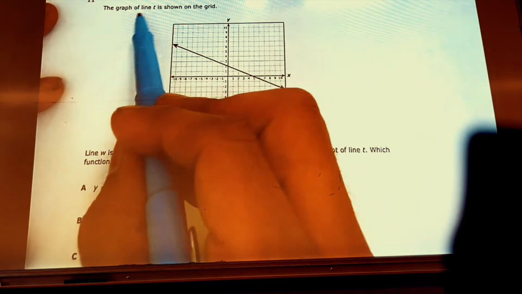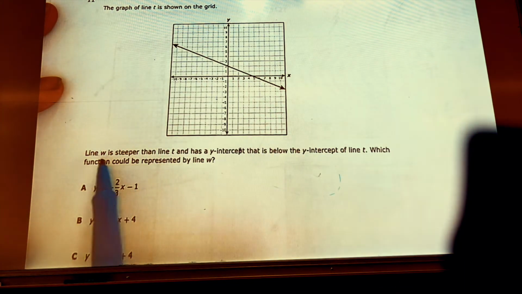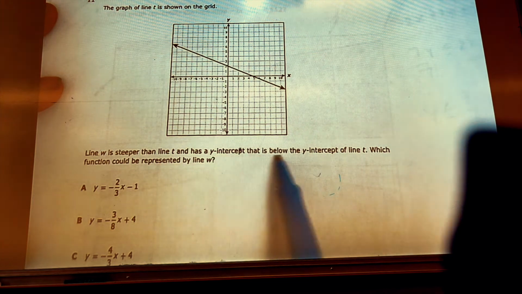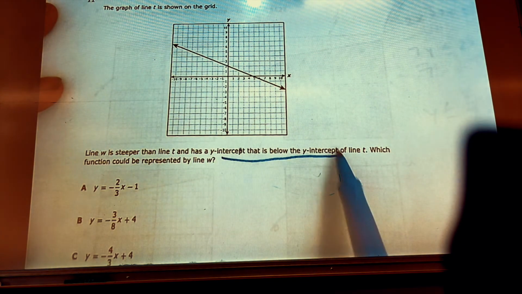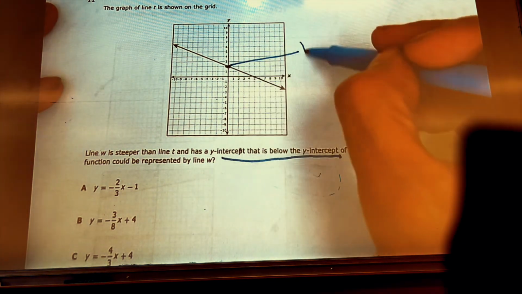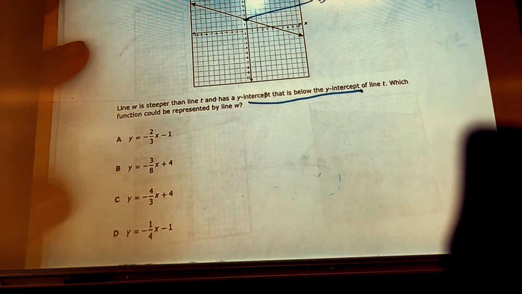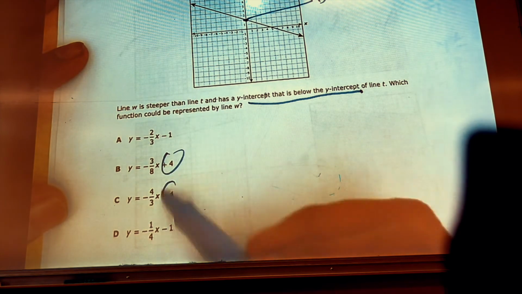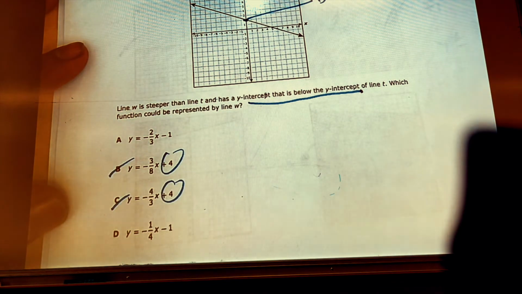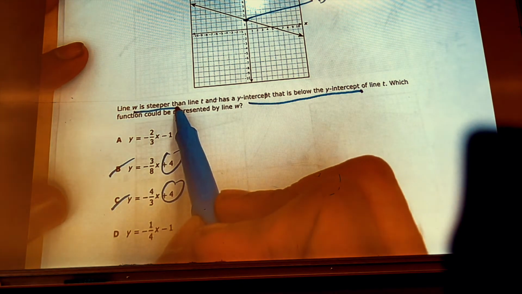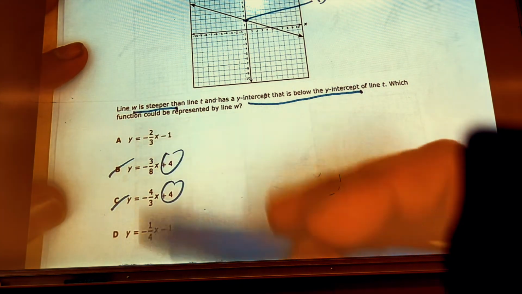This is T, the graph of line T. They say the graph of line W is steeper than this, and it has a y-intercept that is below. So the y-intercept right now is 2, and it should be below 2, which means it's not those. And now the new one is supposed to be steeper, so I would just pick the steepest one anyway.